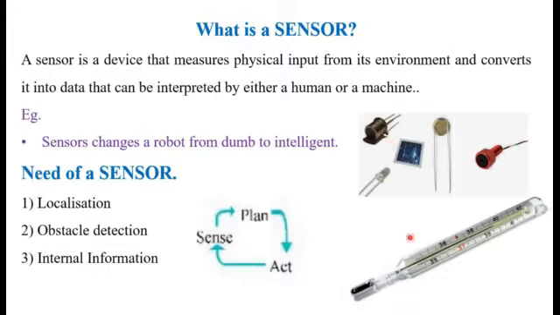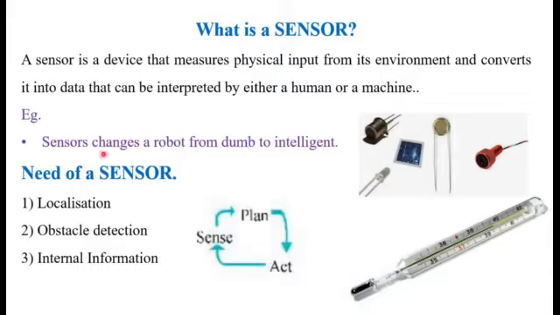But in this simple case of the thermometer, it presents visual data. This sensor senses the environmental condition, that is the temperature, and gives the physical signal. So these are the simple sensors.